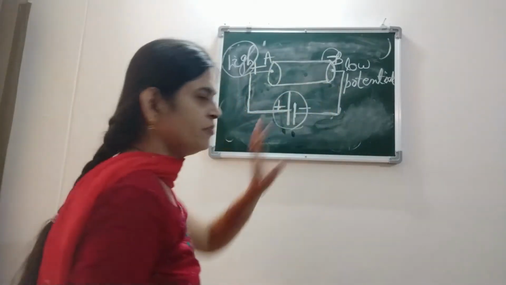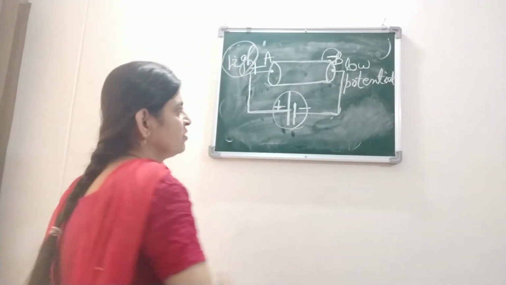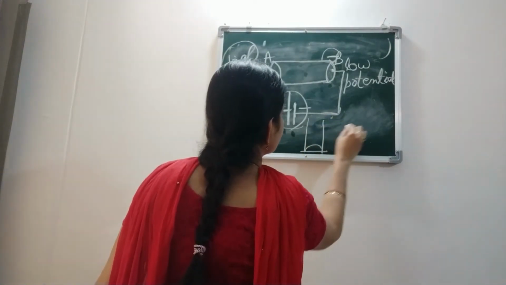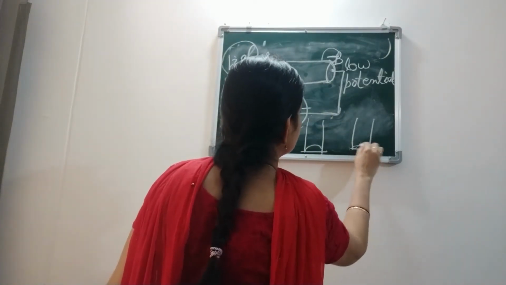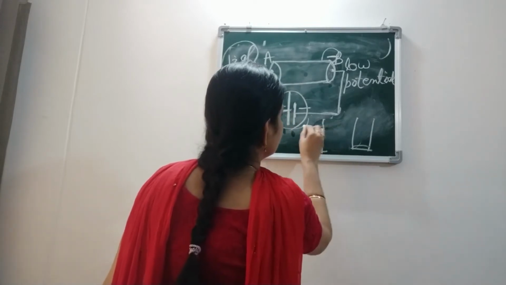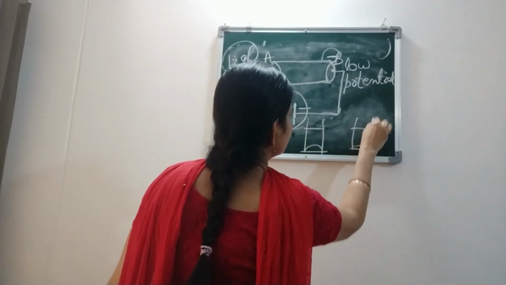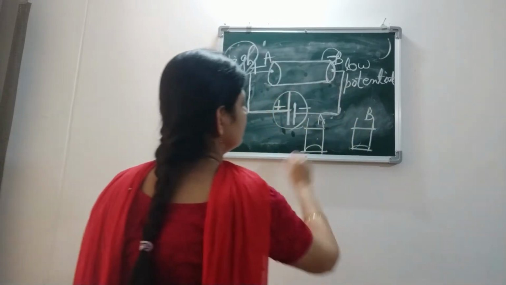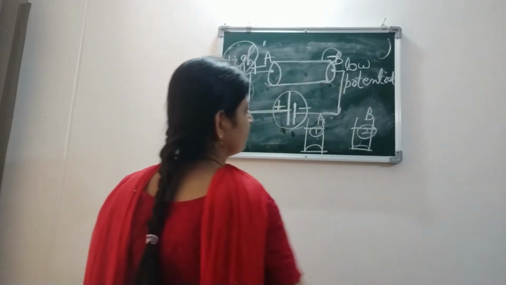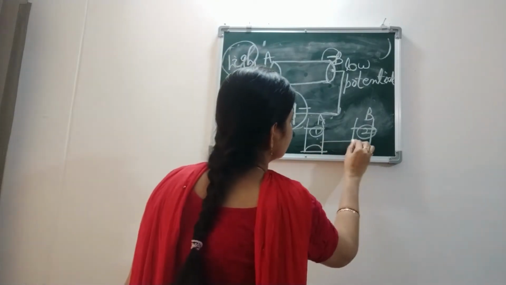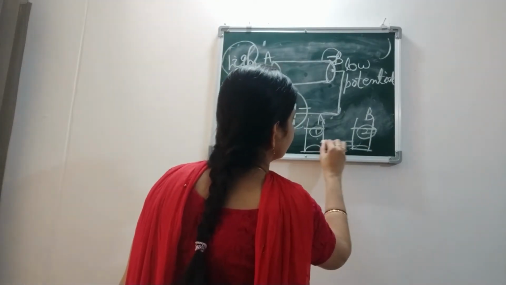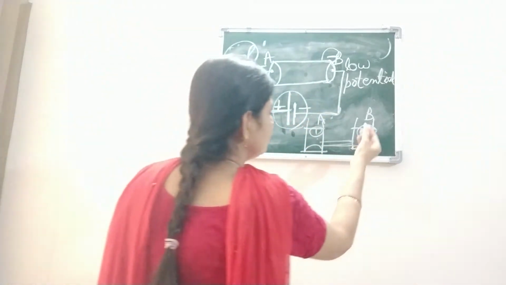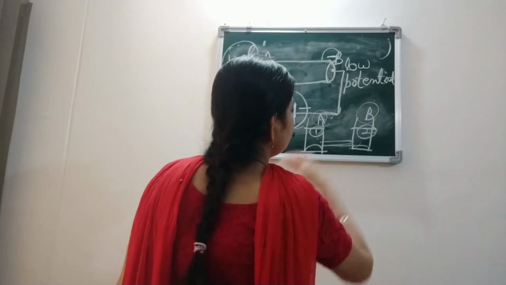But in case of water, suppose we consider two beakers, and the water levels are the same. Suppose this is beaker 1, A and B, or 1 or 2. And a pipe is connected here. Then how can you find out whether the potential will be higher at A or B?